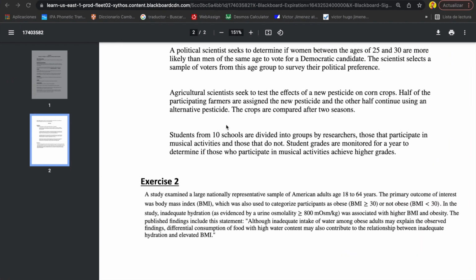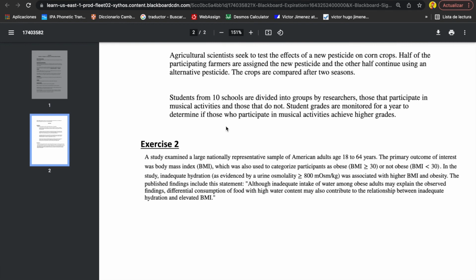Let's see the exercise number 2. All right, for the exercise number 2, this is again taken from the exercises from the homework one on Achieve.